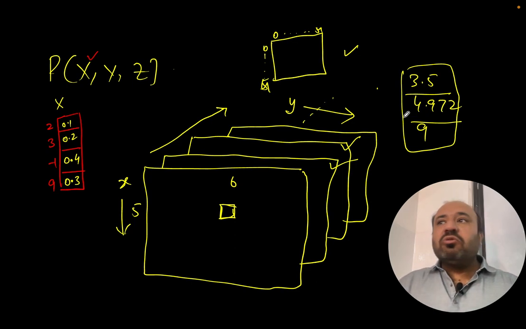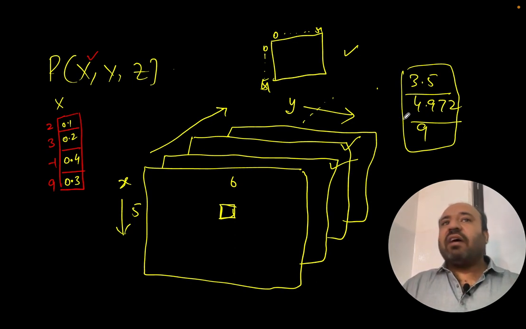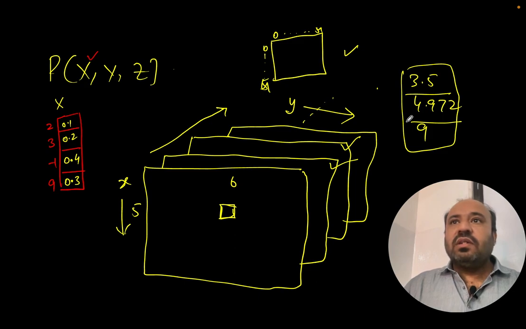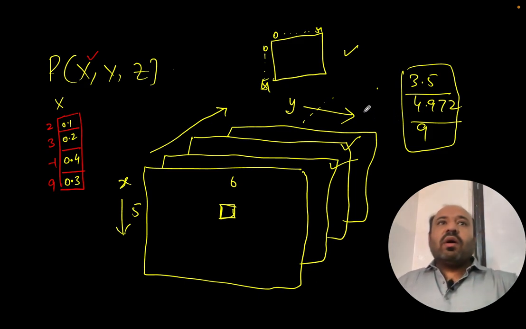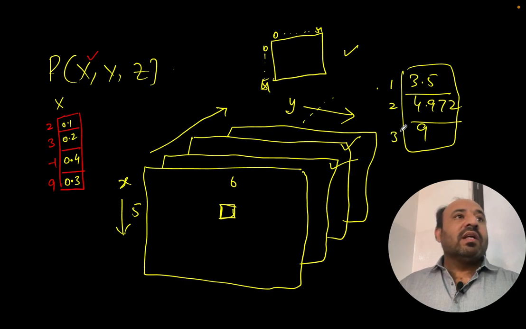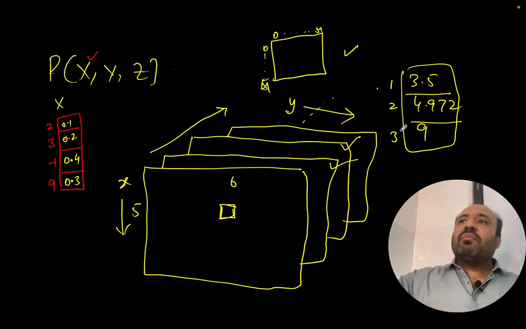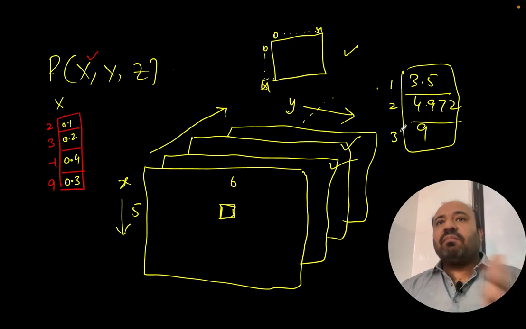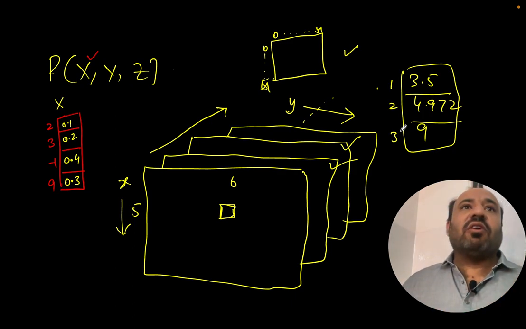This is not about the data type of the value. It is about whether you can arrange them and index them. For example, if I have just these three, I can index them: this is the first one, this is the second one, this is the third one. Even if I have infinitely many numbers, as long as I can index them, regardless of the data type, it is discrete.